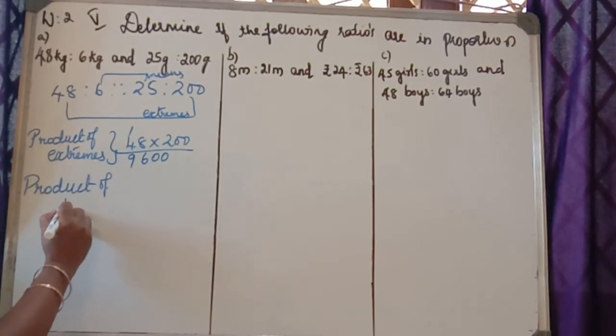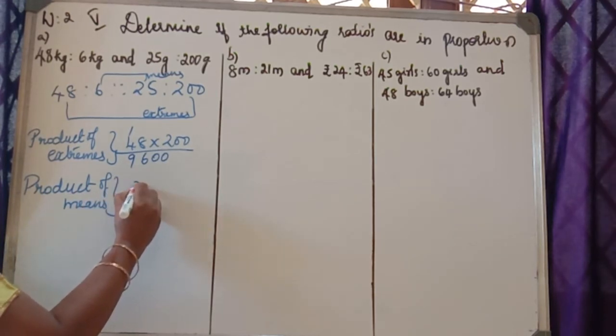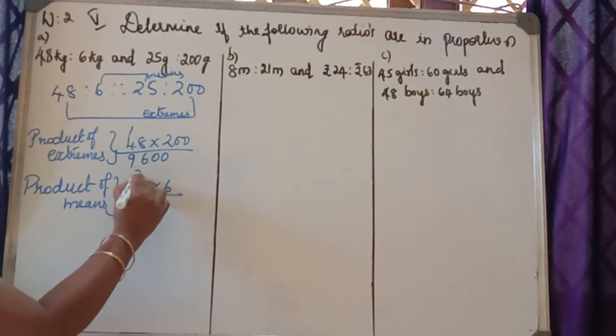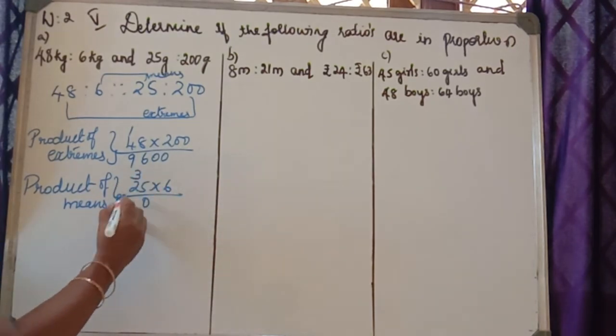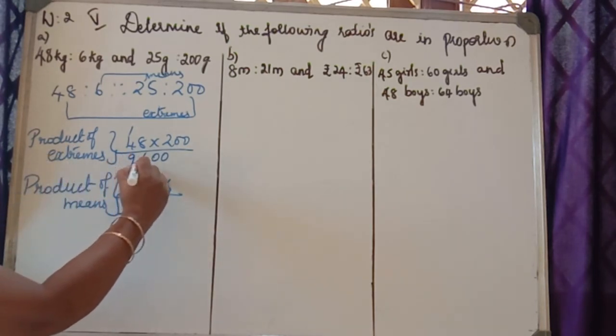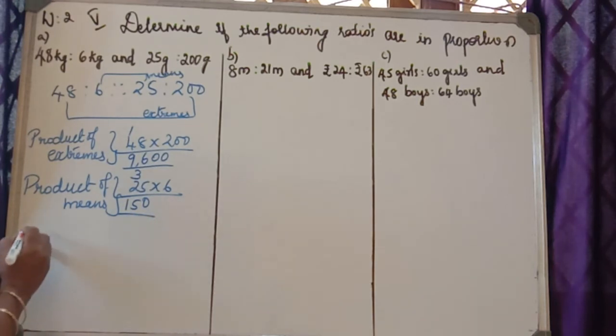The product of means, that is 25 into 6. 6 5s are 30, remainder 3. 6 2s are 12, 12 plus 3, 15. Here the product of extreme is 9600. The product of means is 150.